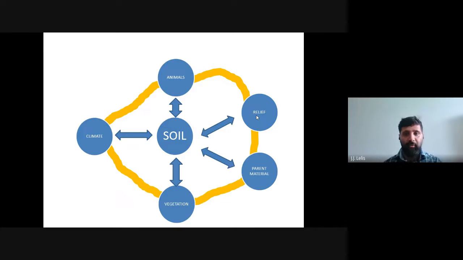So it's quite important to understand how relief influences the formation of modern soil, and also the formation of a paleosol. Okay? Today, we will discuss how parent material influences soil formation, and how parent material could be changed or mixed by the formation from a soil to a paleosol.